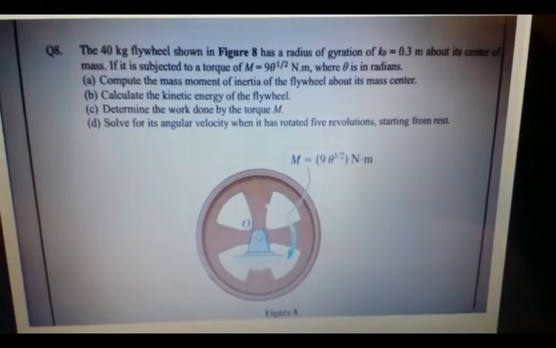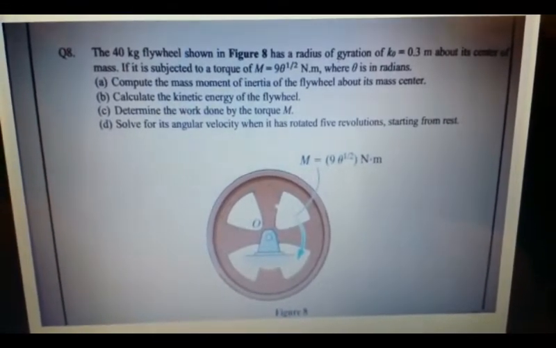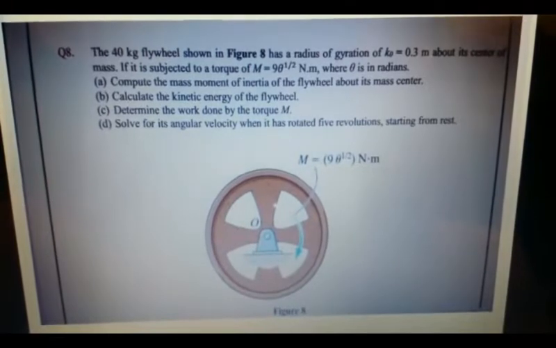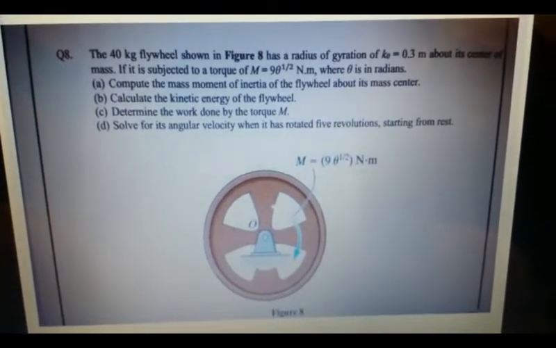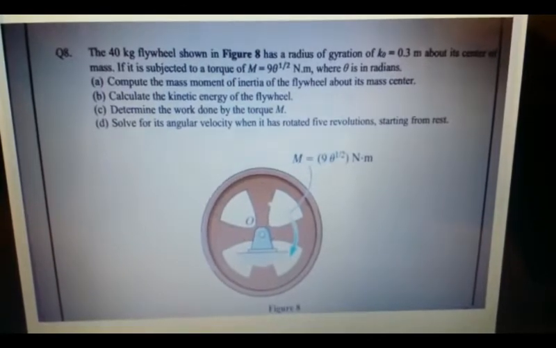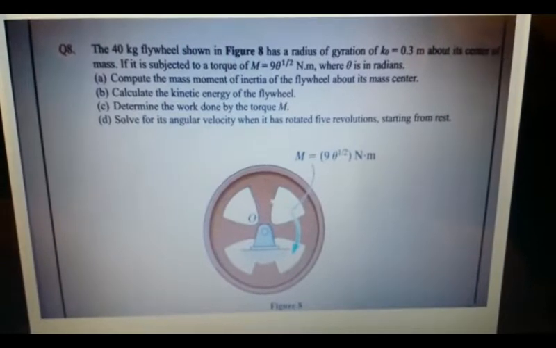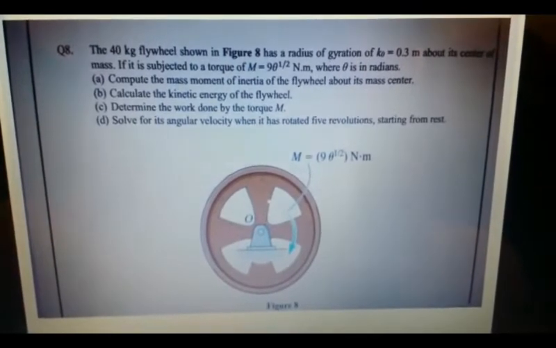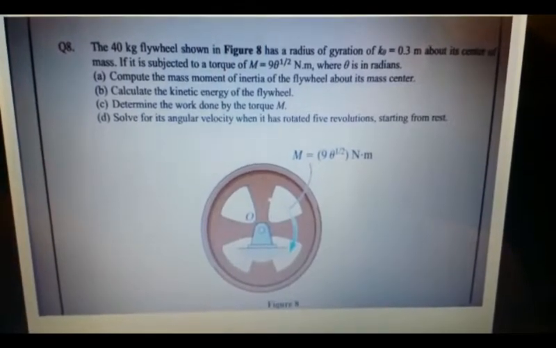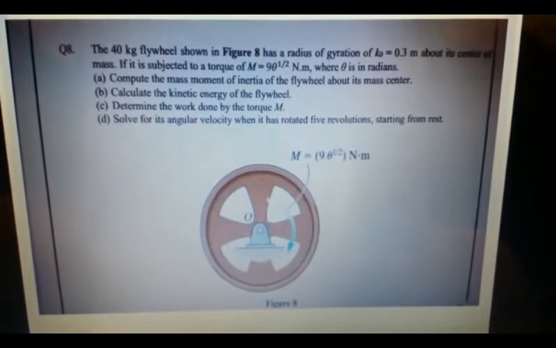Hi, my name is Yee Shing and I'm going to talk about question 8 for my assignment, which has a 40 kg flywheel shown in figure 8, with a radius of gyration of k equals 0.3 meter about its center of mass. It is subjected to a torque M equals 9 theta to the power of half, where theta is in radians.